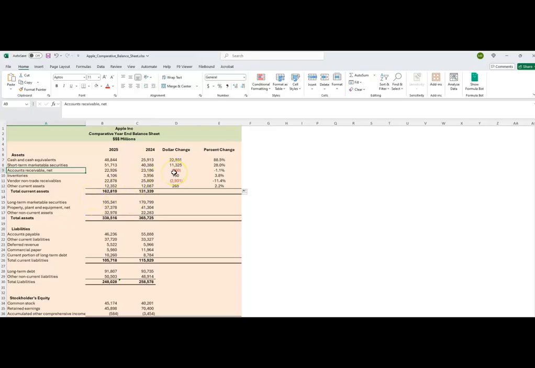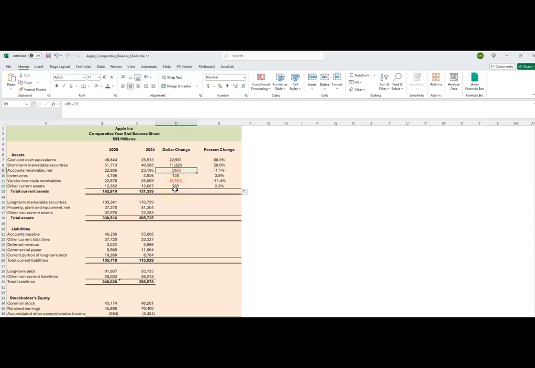So we have 23,186 in 2024, and now in 2025, the current year, we have 22,926. That's a decrease of $260. I think it is in millions, but it really doesn't matter. So there was a decrease of 260.